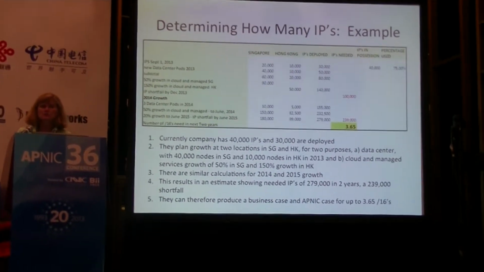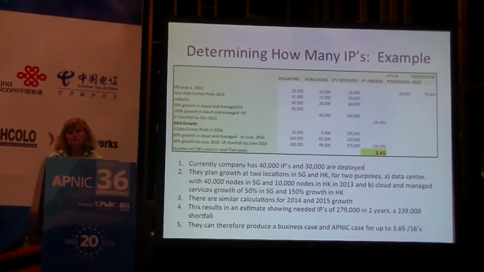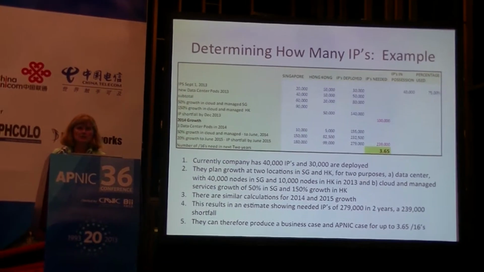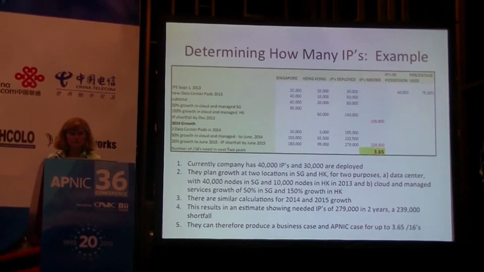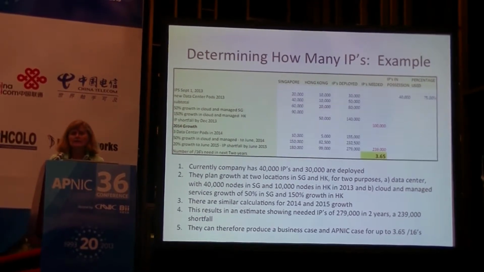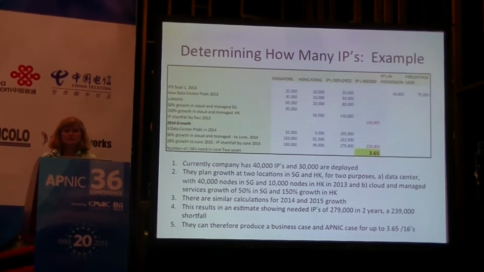And what they would probably do then is seek pre-approval for up to, say, 3 /16s. In actually making a purchase, what we find most companies do is they don't purchase 3 right up front. They would purchase 1 or 2, and they would see how things go, and just have the pre-approval sitting in the wings.